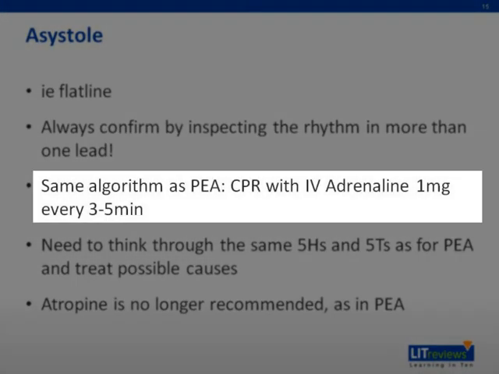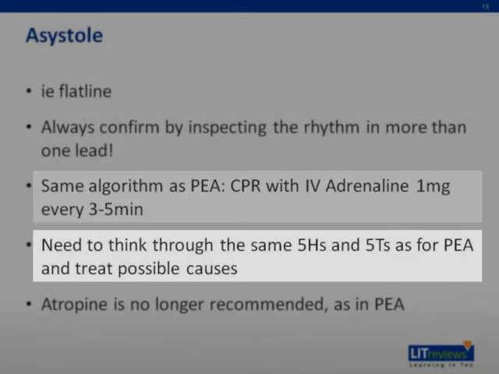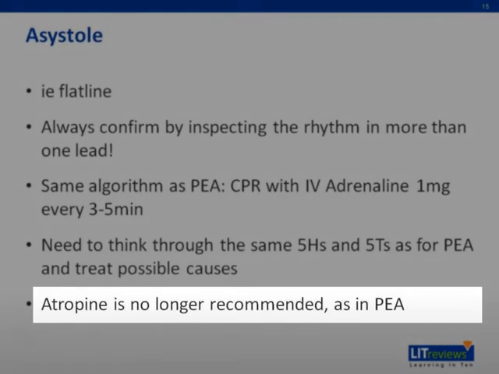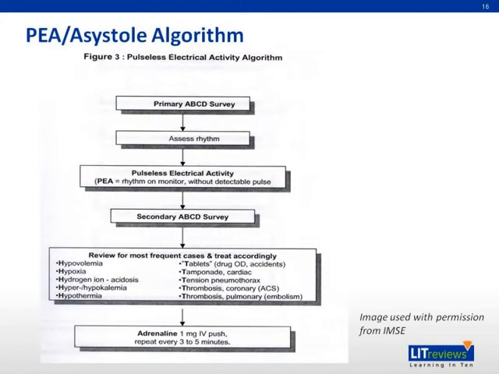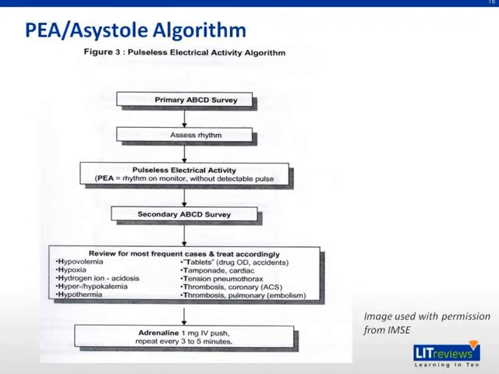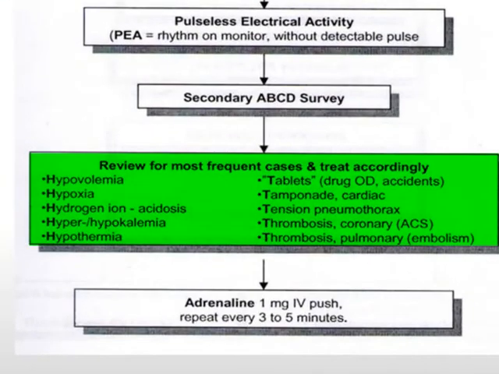The algorithm is the same as in PEA, as are the causes. In the latest American Heart Association guidelines, atropine is no longer included in both PEA and asystole. This is how the latest ACLS algorithm looks. Use the 5 H's and 5 T's to help identify the cause of PEA or asystole.